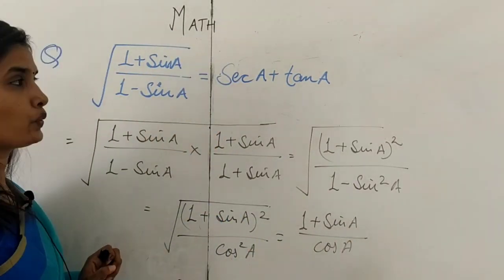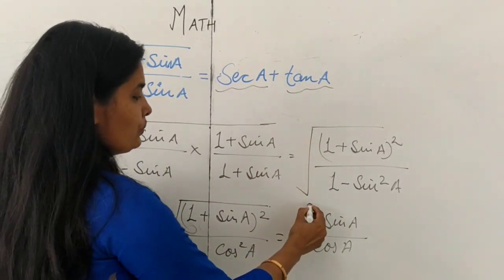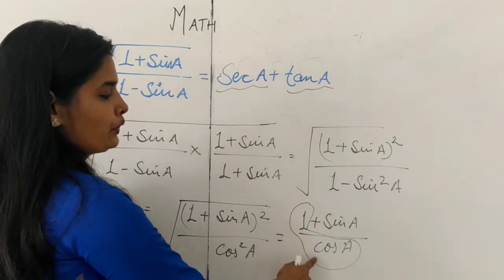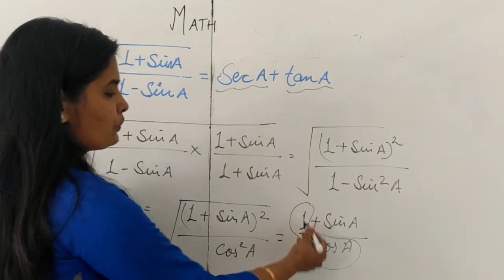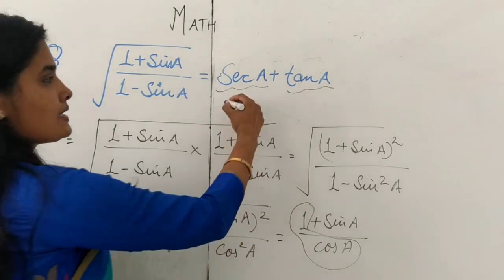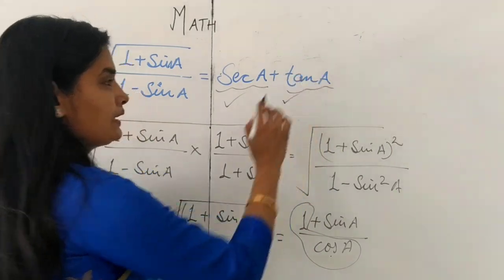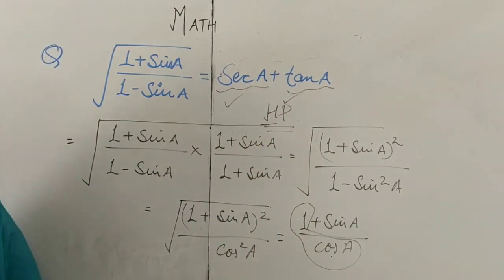Clear? Now what I want is sec a and tan a. So when you write 1 upon cos a plus sin a upon cos a, you can break this term. In place of 1 upon cos a, you can write sec a, and in place of sin a upon cos a, you can write tan a. So hence proved. I hope it's clear, everyone.